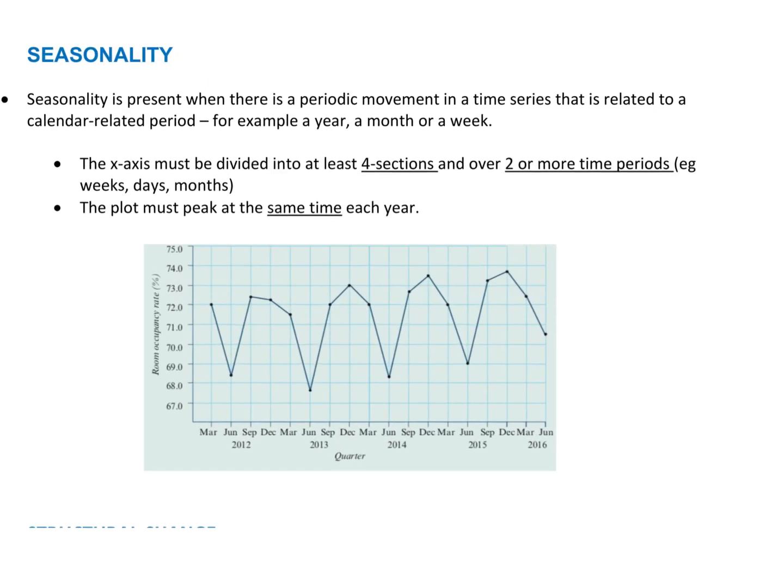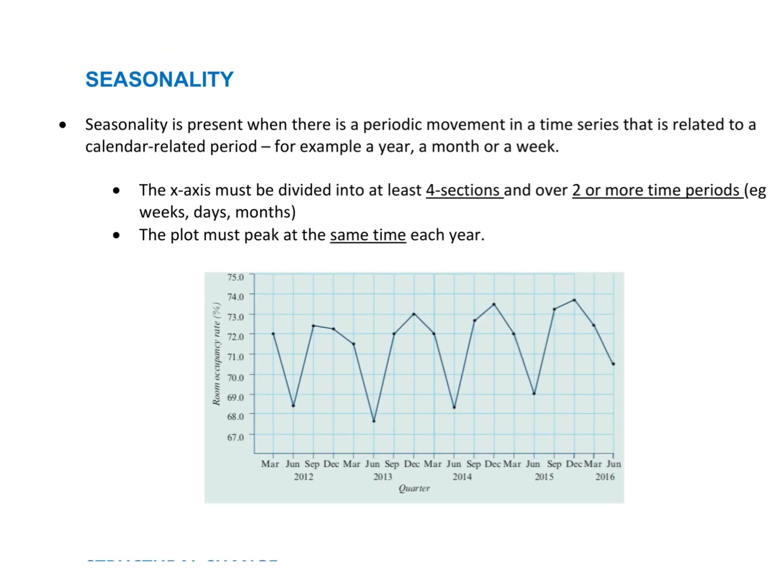So seasonality is when it's in a smaller period. So you'll see things, for example, a year. You might see something that's happening every month. That would be seasonality. You could have it happening every quarter. Something drops, or it happens. That's seasonality.